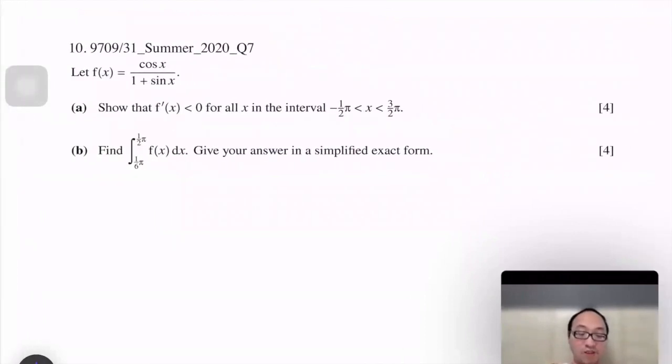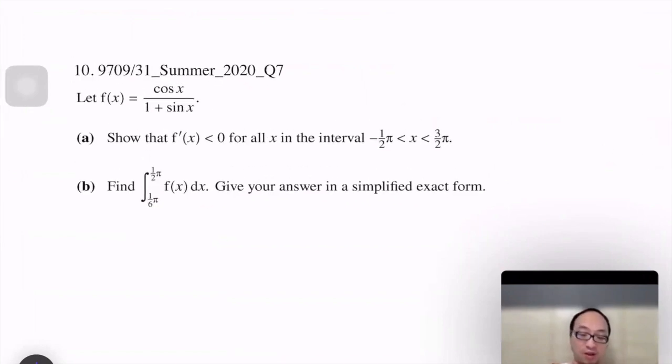Let f... show that the derivative of f is smaller than 0. Okay, so we have to find dy/dx. Now, this is a division, so we need the quotient rule, u over v.